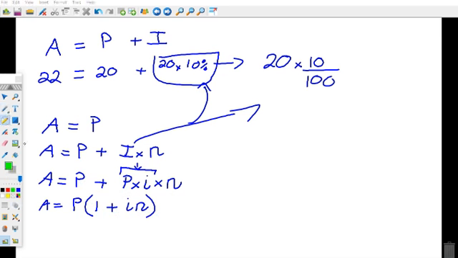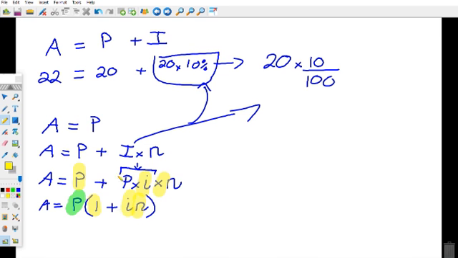Have a look here. I took P out as my common factor. There's my P. And from the first term, we took out P, what's left? 1. We took out P here, what's left? Just the I, N. You see?